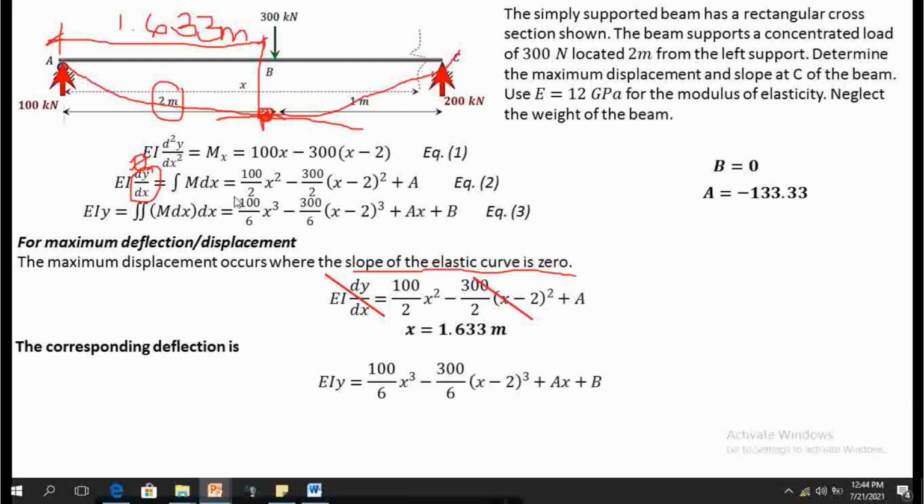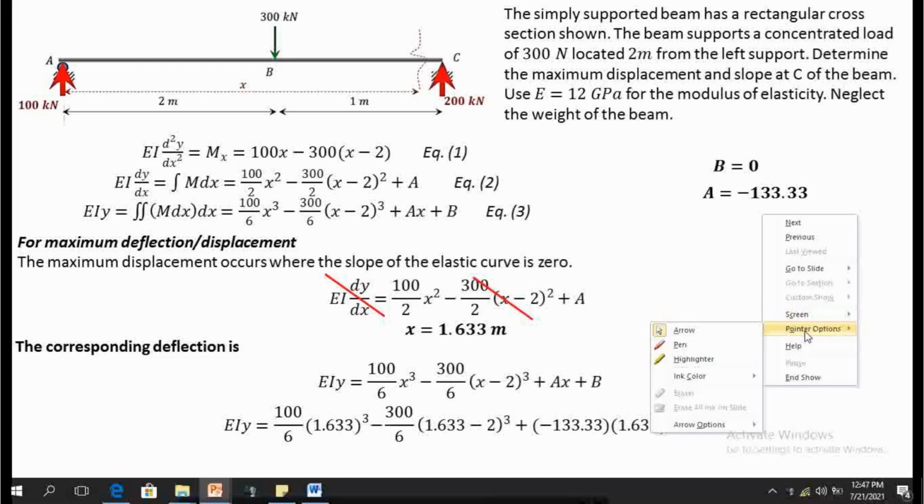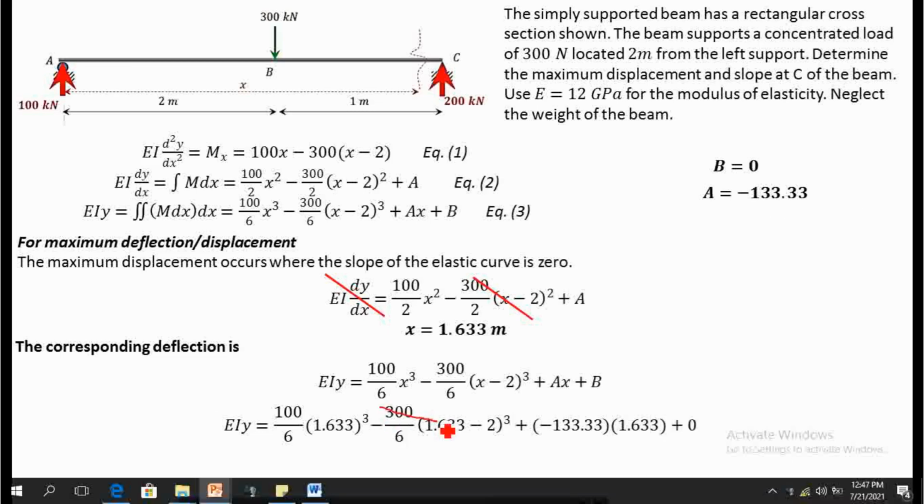Substitute x as 1.633. May value na ako ni B at saka ni A. And, since 1.6333 is less than 2, mai-ignore itong part na to. Kasi negative yung nasa loob ng parenthesis.